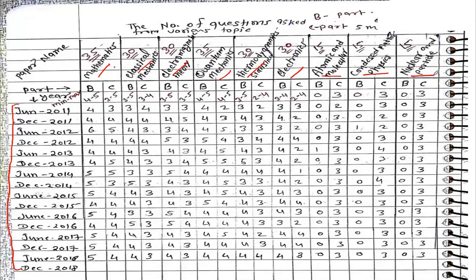Your basic idea is to crack CSIR, either through JRF if you are planning to pursue your PhD, or if you want to clear it as a lectureship. The cutoff that exists for physics CSIR is around 85 to 95.